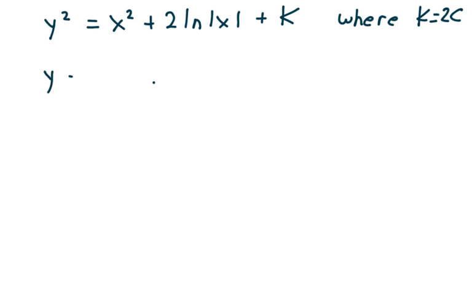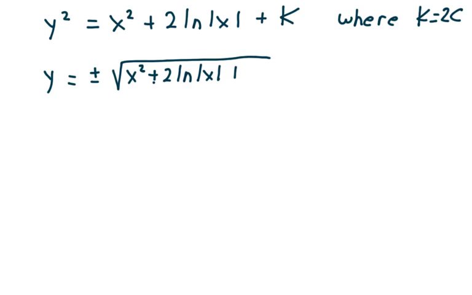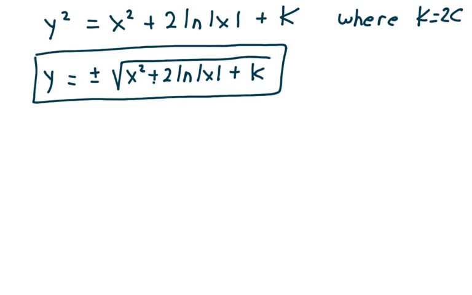Solving for y, I get plus or minus the square root of x squared plus 2 times the natural log of x plus k. And this time, on this example, y equals 0 does not work as a solution to this differential equation. Okay?